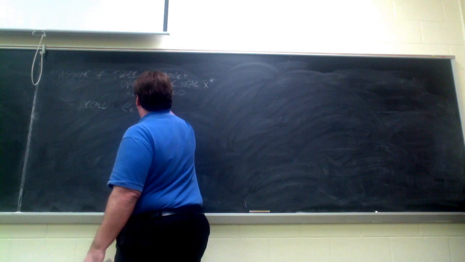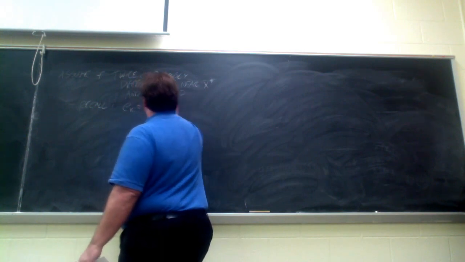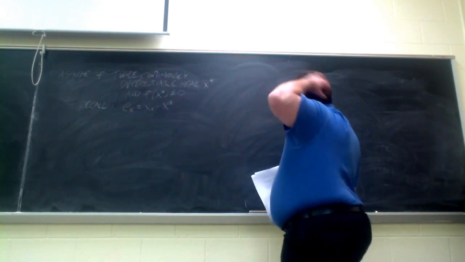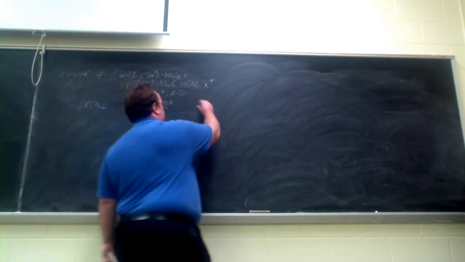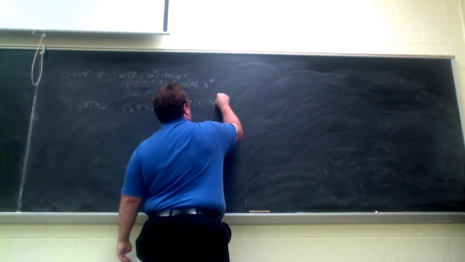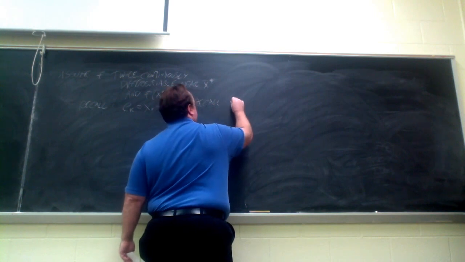e_k, the error after k iterations, is defined to be your kth iterate minus the exact solution. Okay, so now what I want to do is relate the new error to the old error. So I'm going to recall what happened with fixed point iteration.